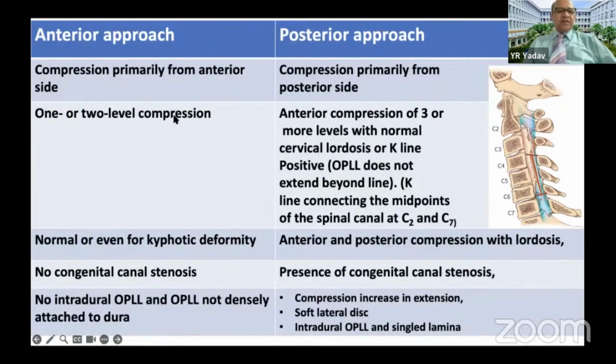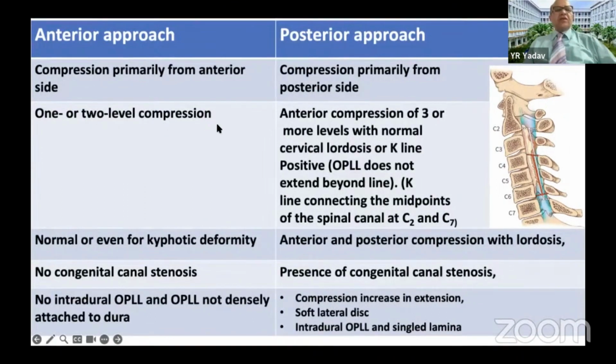But if it extends to 3 or more levels, and if it involves the vertebral body, then fusion of 3 levels and more is associated with a lot of side effects and morbidity, and therefore there is controversy whether you should go in anteriorly or posteriorly.